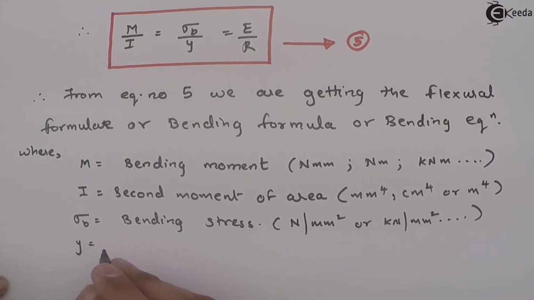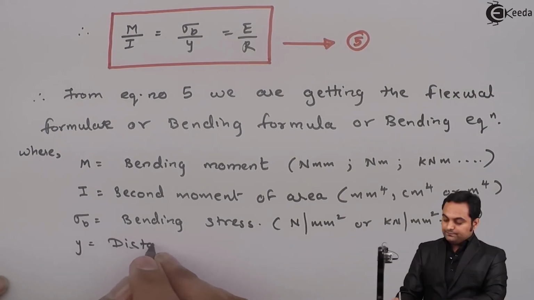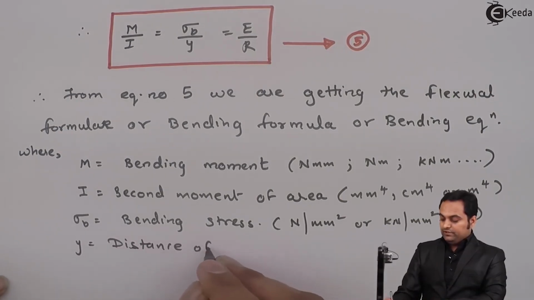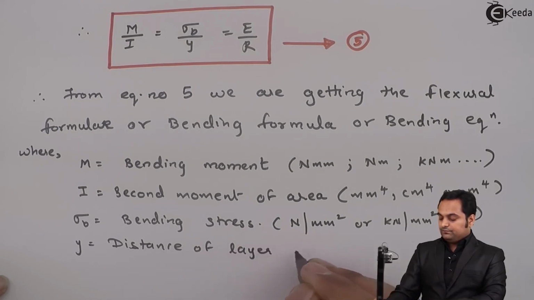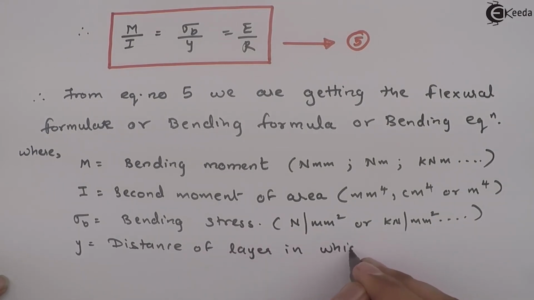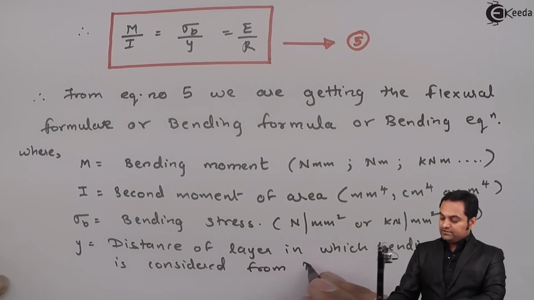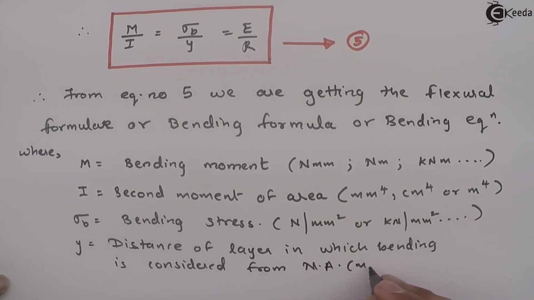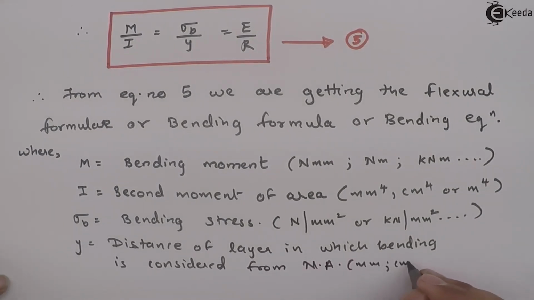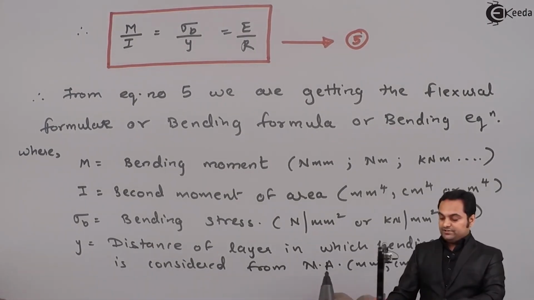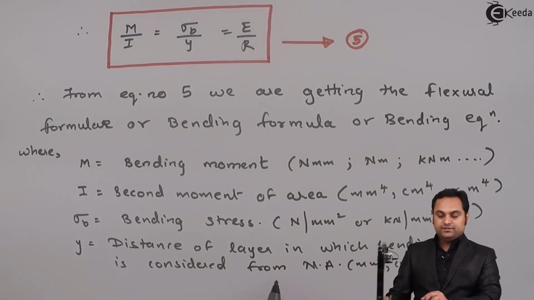Next y is the distance of layer in which bending is considered from neutral axis. So this is distance, so it can be in mm, it can be in centimeter or meter. So y is the distance of the layer in which bending is considered.